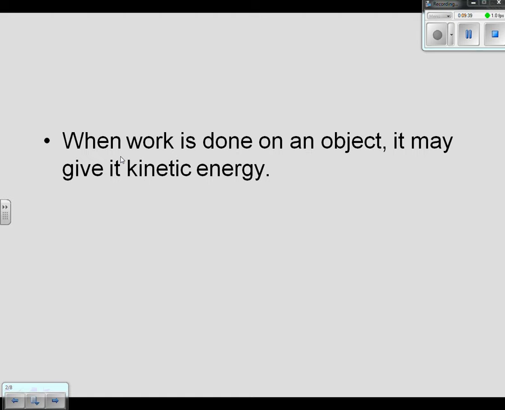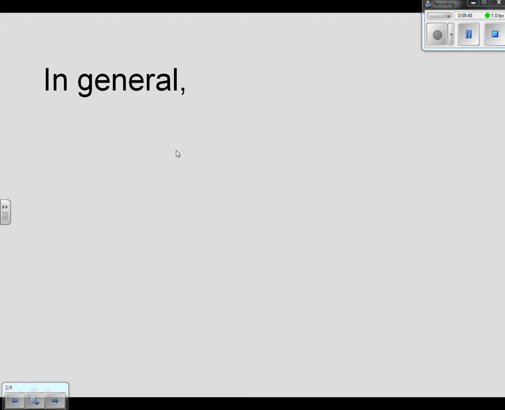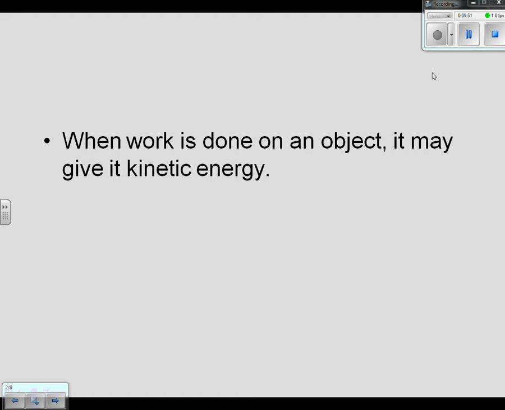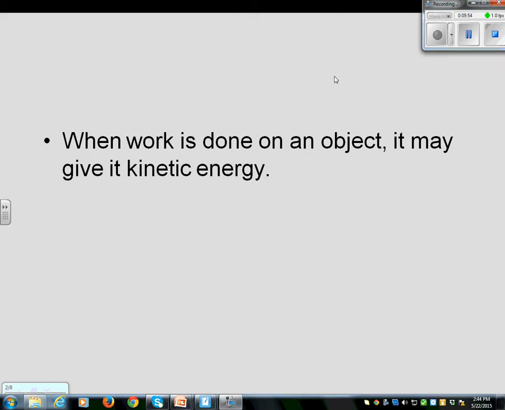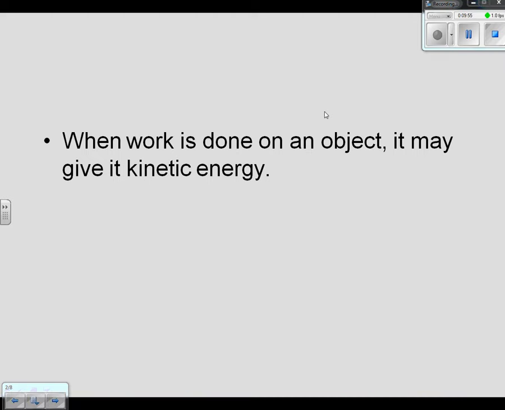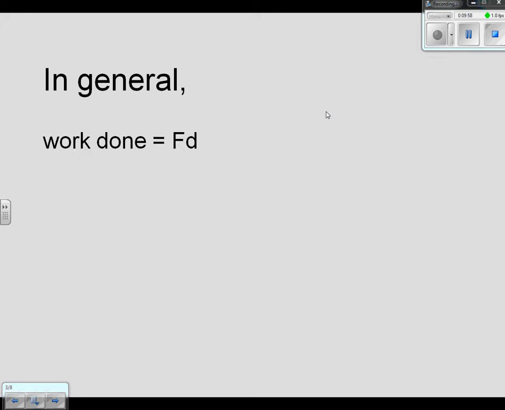When work is done on an object, it may give it kinetic energy. It might give it potential energy. It can give it any sort of energy. Quite often it's kinetic, because you get it moving. In general, work done is FD, we know that already, right?